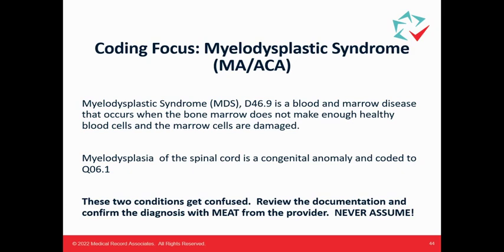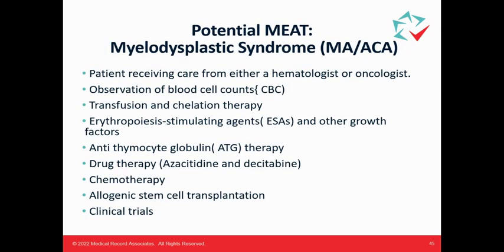Whereas myelodysplasia of the spinal cord is a congenital anomaly encoded at Q06.1. As you can tell, these are two totally different diseases. And you want to make sure that as a coder, as an auditor, that you don't make any assumptions. You really need to read the provider's documentation well on this.